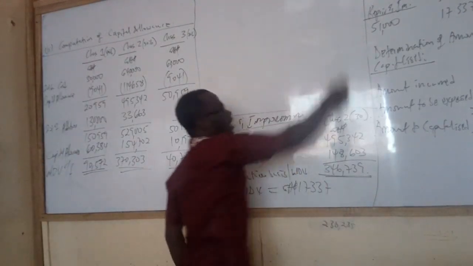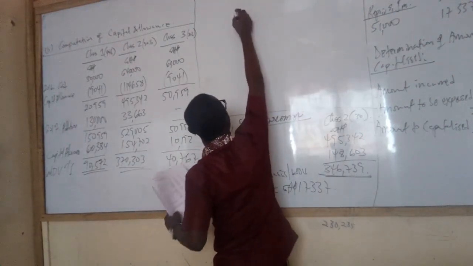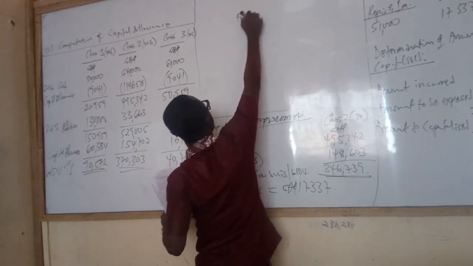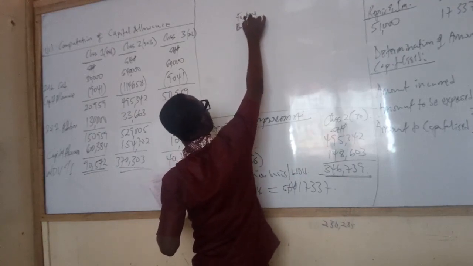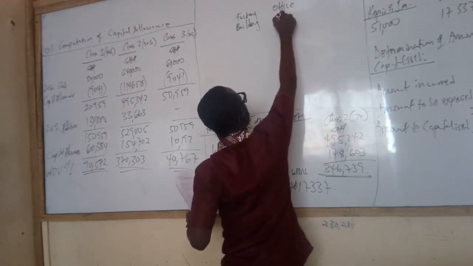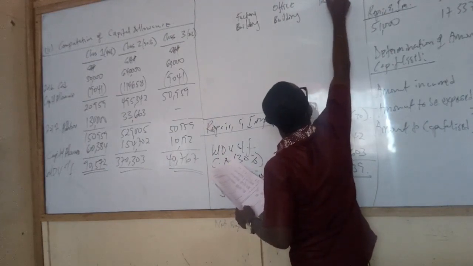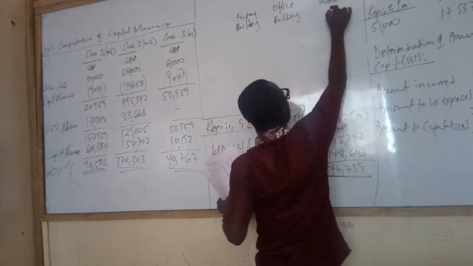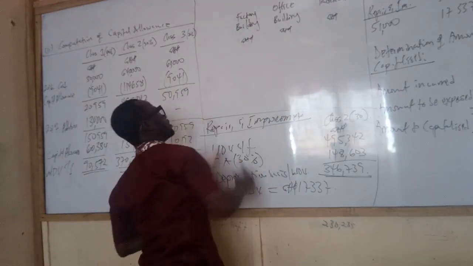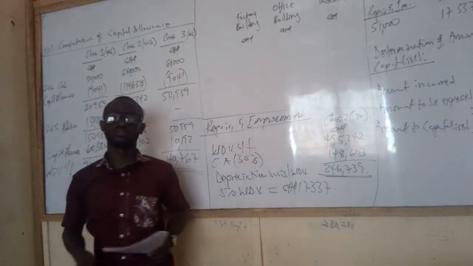So let me bring this down a little bit, so that it's out of camera. So we're going to have factory building, office building, then the trademark. Now the trademark is an intangible asset, and it will be depreciated over the estimated useful life.